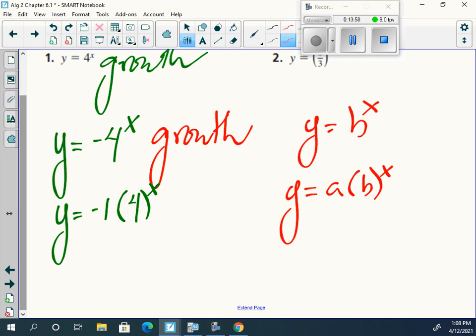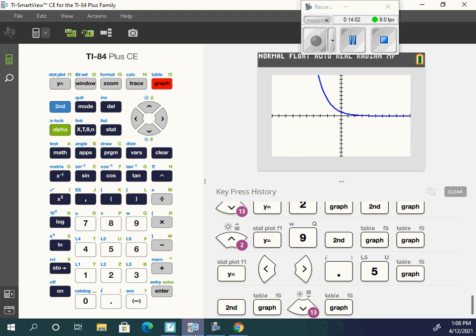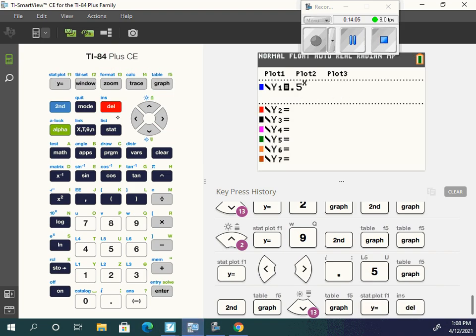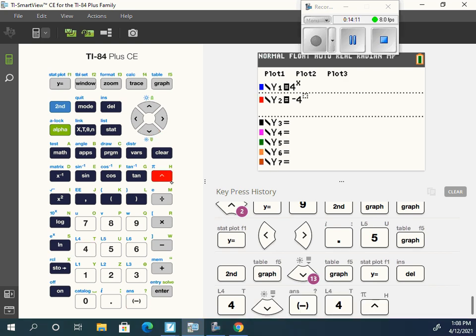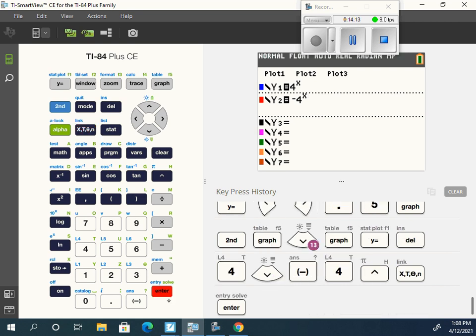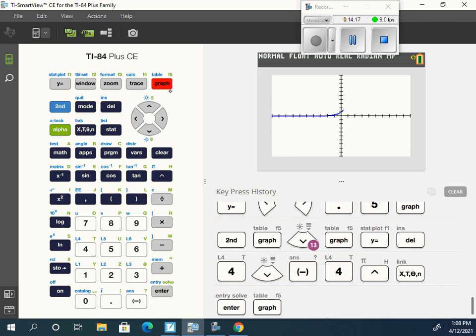Now what this has done is it's taken the function y equals 4 to the x and made it -4 to the x. These two functions, it's still considered a growth, but it's across the x-axis.